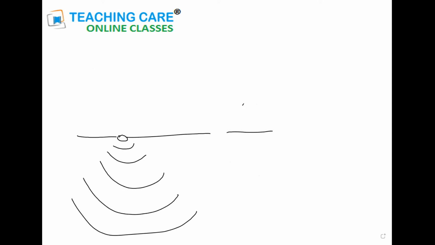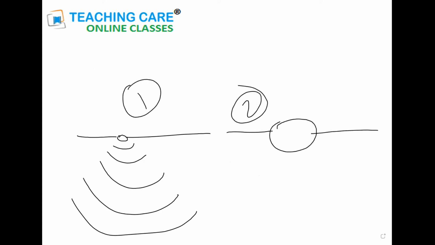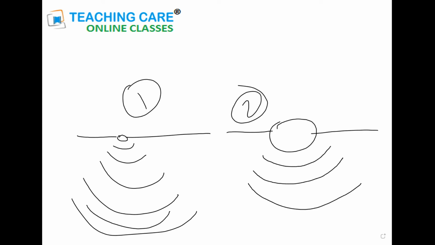And suppose in the second case this much space is there, so here you will see less diffraction. So diffraction in the first case will be more. Why? Because the gap is narrower. Clear?